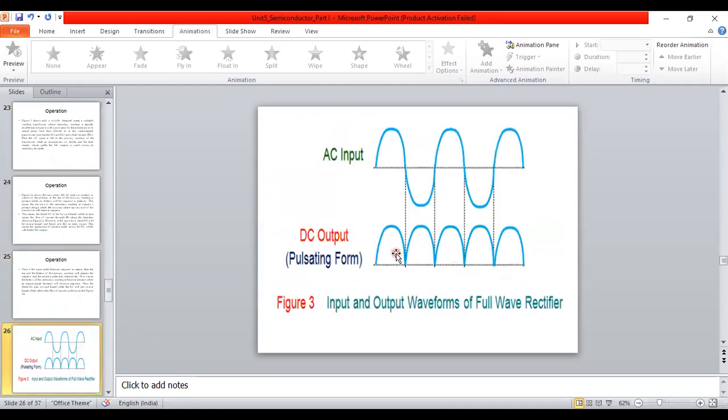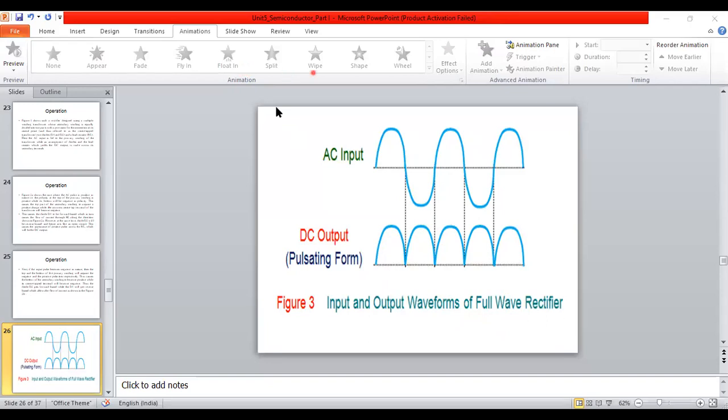So this is the full wave waveform, the full wave rectifier output we are going to get. For the positive half cycle we are getting the positive output, and for the negative half cycle we are also going to get output. For a complete cycle we are getting output here now. So we consider this the full wave rectifier.